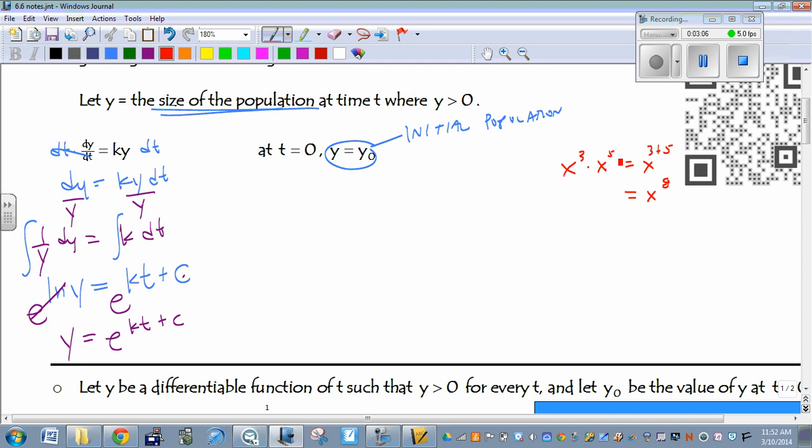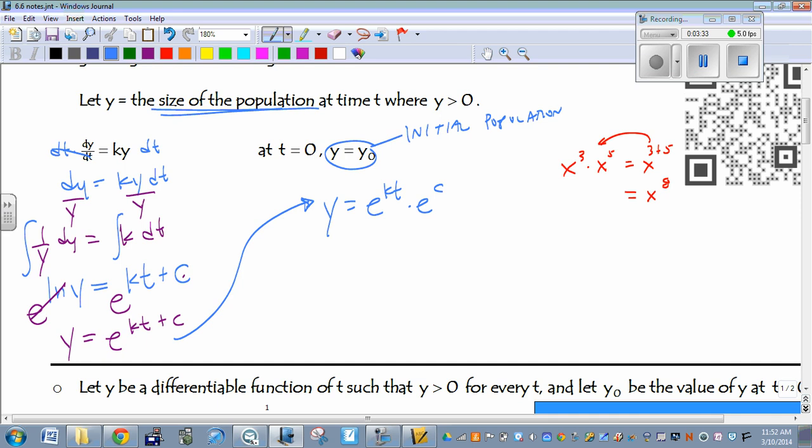Well, this is the way we usually get it. We'll have two powers of the same base that we're multiplying, and we add those exponents. But here, we have one base with exponents that are added. We can go the opposite direction. We can split this up. So that's what we're going to do. You can write this as y equals e to the kt times e to the c.